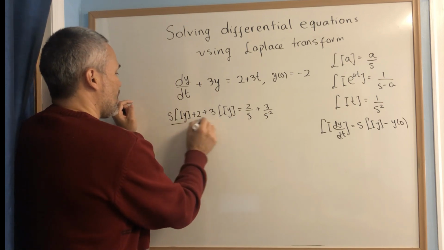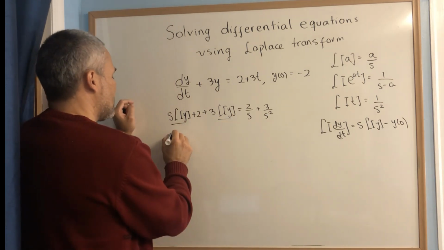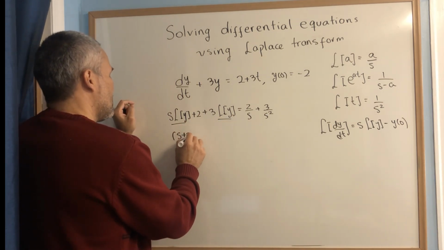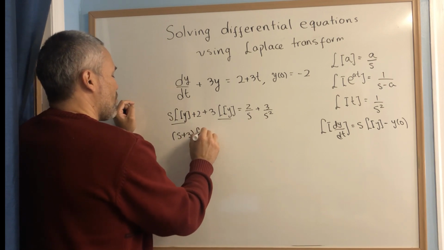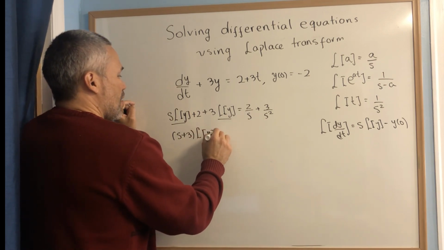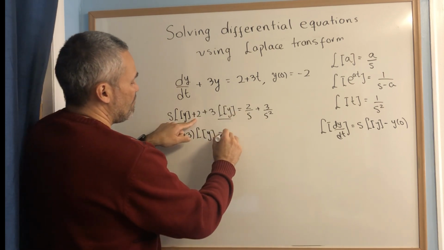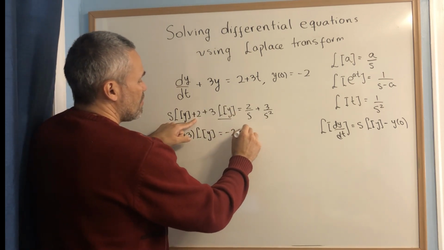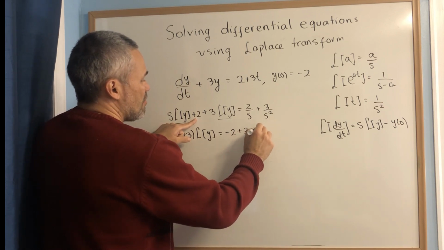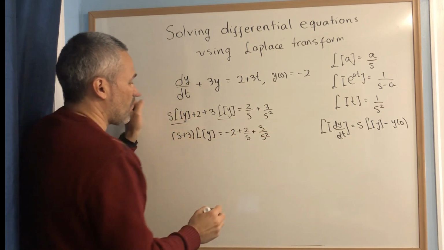If I combine these two terms, I get that s plus 3 times the Laplace transform of y is equal to, I can move the 2 to the left, negative 2 plus 2 over s plus 3 over s squared.